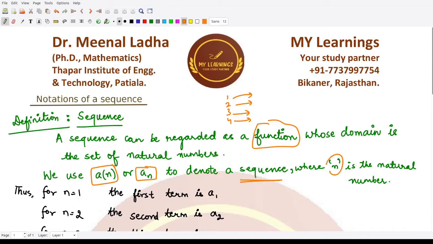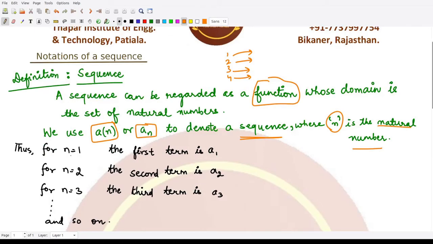Here, what is the small n? This is the given natural number. If n is equal to 1, then we write a1. We will be using this notation throughout our course. For 2, we have a2.